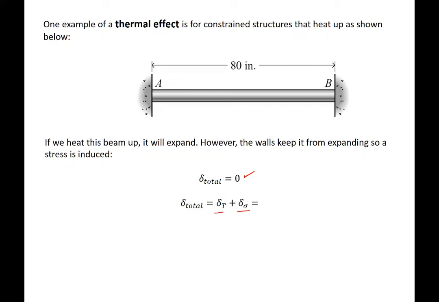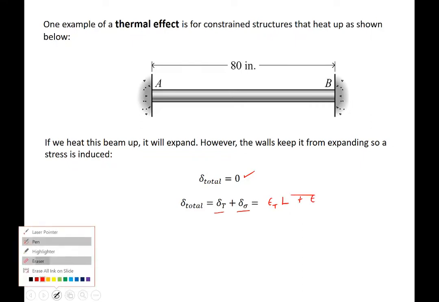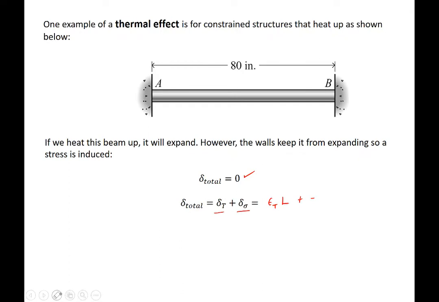So we could say that the displacement due to T is going to be epsilon T, the thermal strain, times L. There's also going to be epsilon sigma times L. That's the strain due to a stress equals 0.